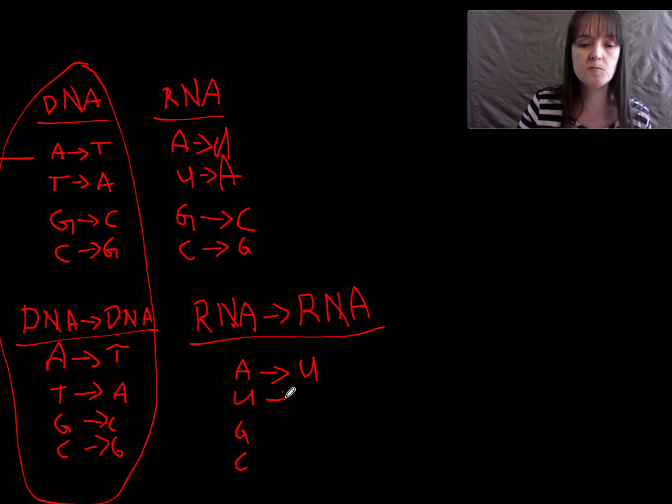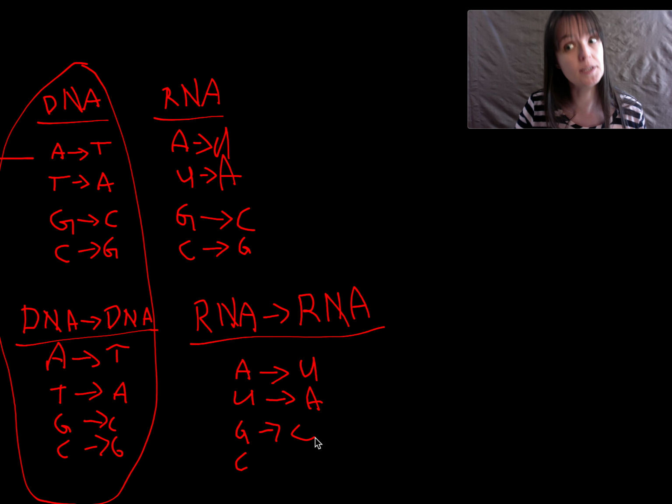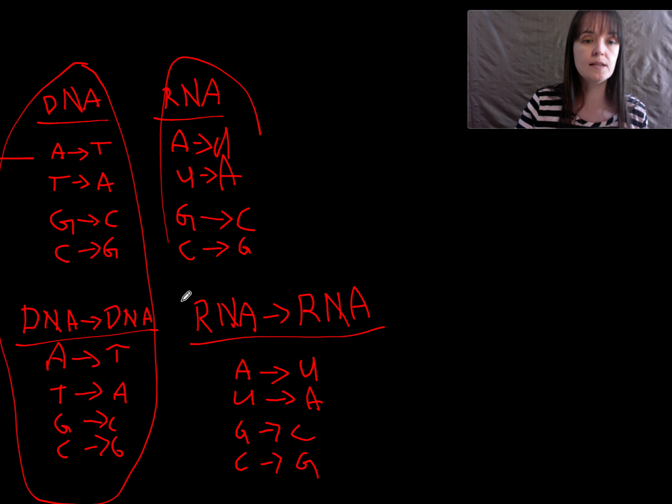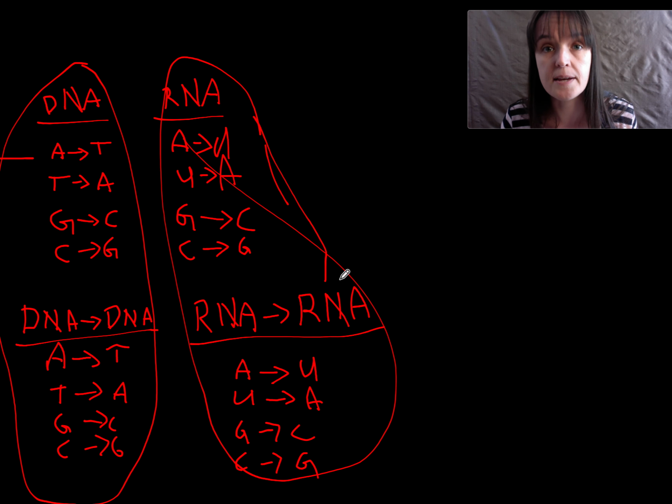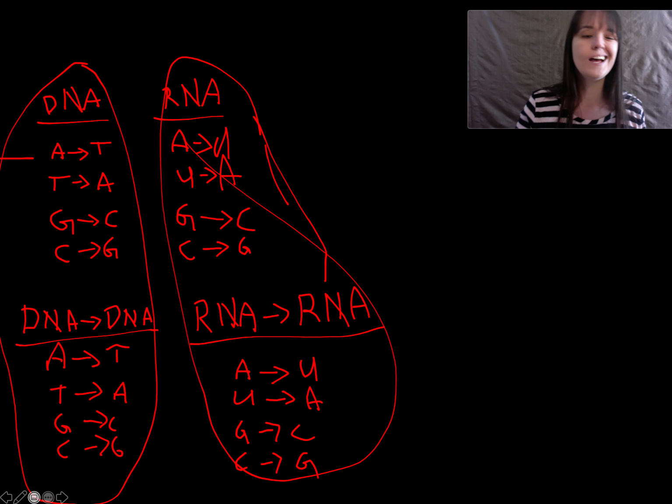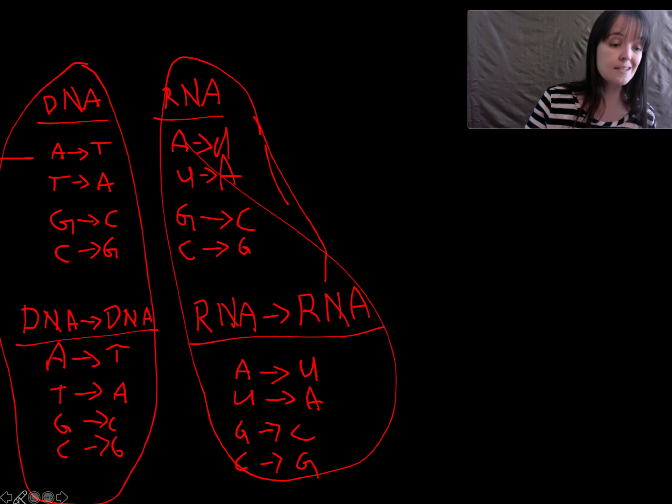If we have a uracil, what binds to it? What binds to guanine? The only thing that binds to guanine. What binds to cytosine? The only thing that binds to cytosine. So these are, sorry, drawing with a mouse, the same. The RNA to RNA rules use the RNA rules. The DNA to DNA rules use the DNA rules.